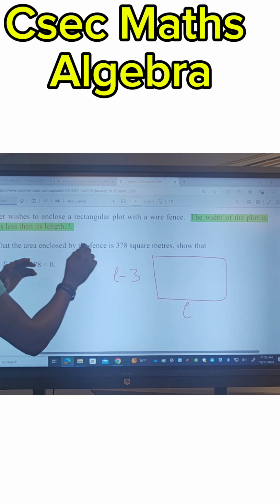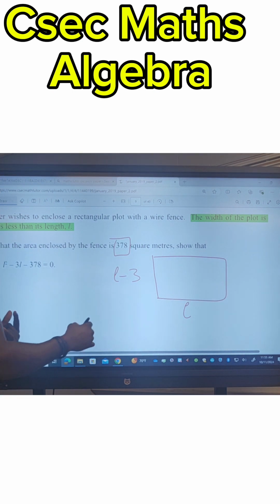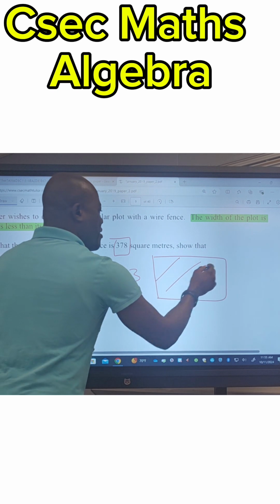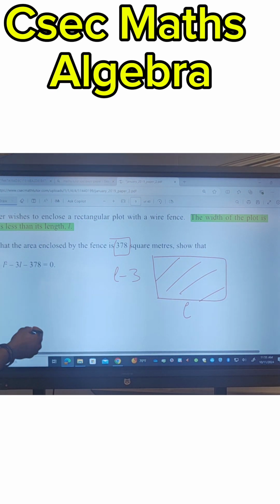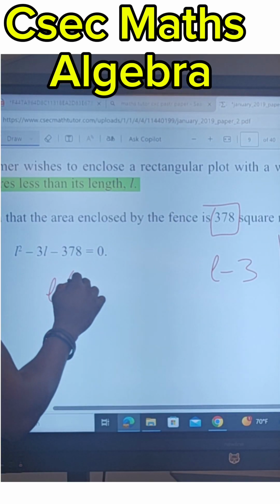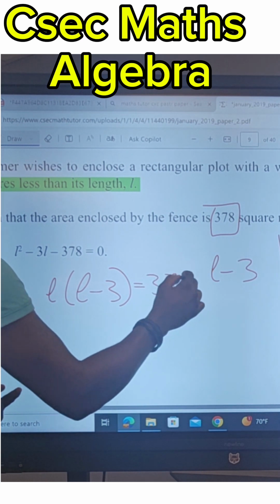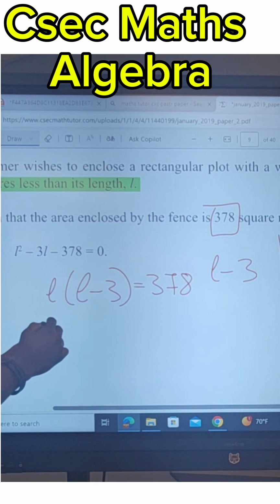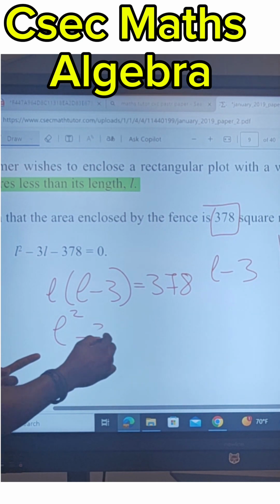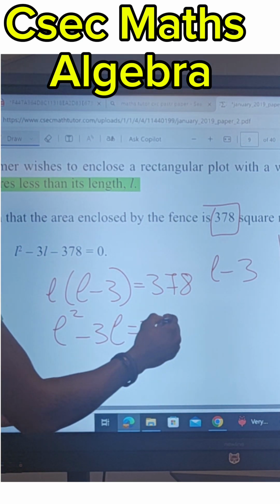Now, the area was given as 378, and the entire thing is 378. So it's length times width. What we're saying is length times width will equal 378. Let's distribute our L inside, so we'll have L squared minus 3L, which is equal to 378.